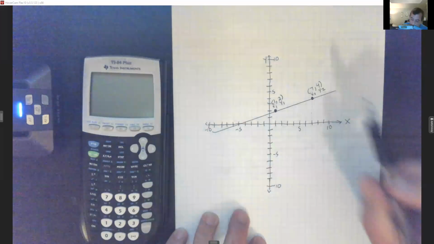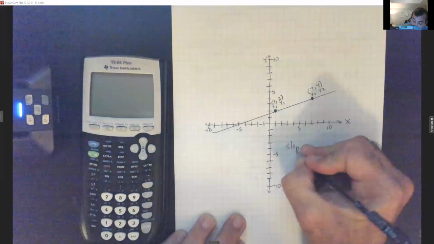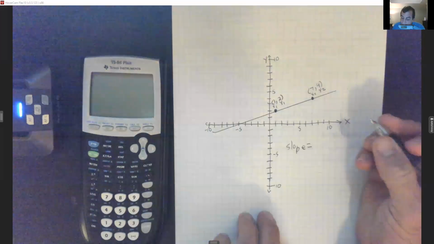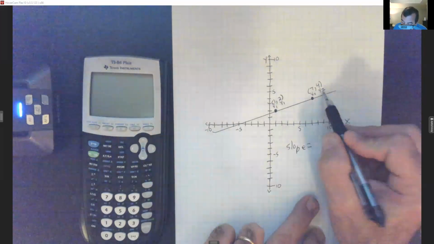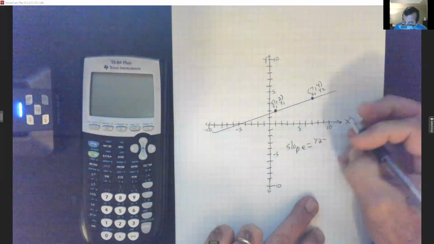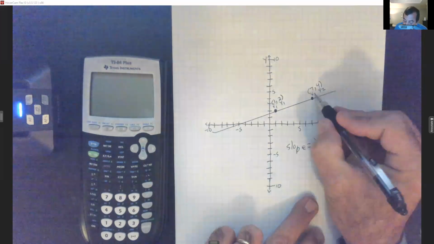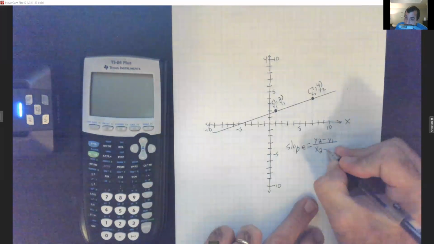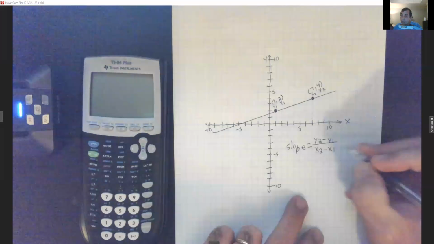Okay, so remember my formula was the slope equals dependent variable number 2, which was my y2, minus my y1. All that'll be over my x2 point minus my x1 point.